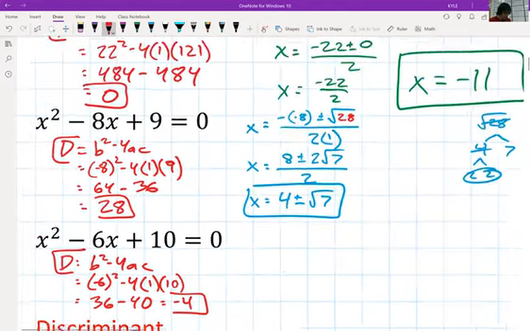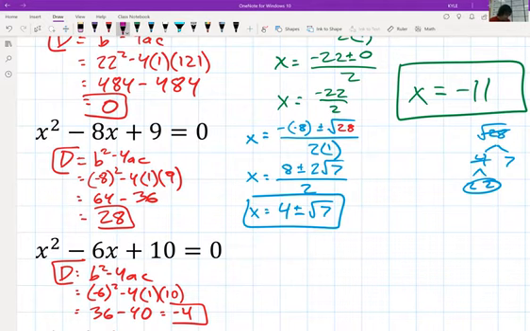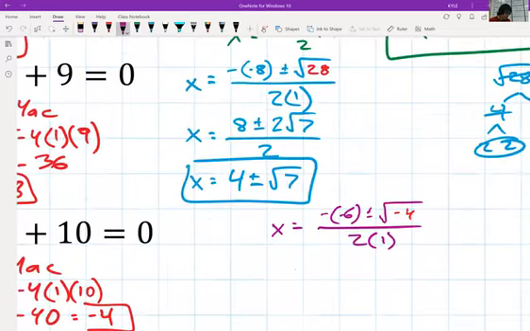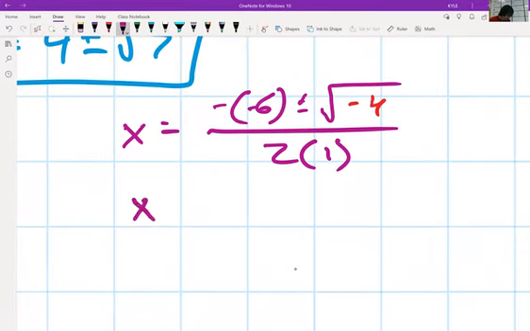So now, in my whole quadratic formula, x equals negative 6 plus or minus the square root of negative 4, because that's what the discriminant was, all over 2 times 1. X equals positive 6 plus or minus, what is the square root of negative 4? Yeah, they're back. Imaginary numbers, right?